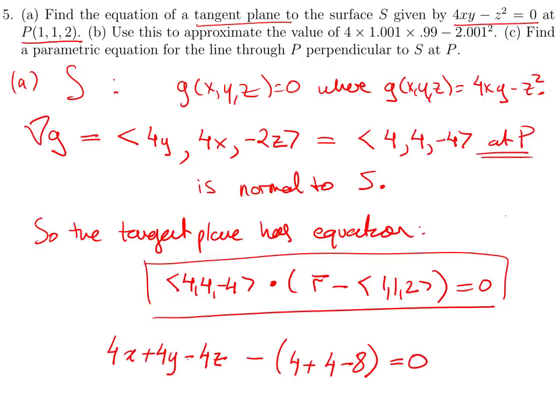If you simplify it, you will get something of the form ax plus by plus cz equals d. Actually, in this case, 4 plus 4 minus 8 is just 0. So the equation of the tangent plane is just 4x plus 4y minus 4z equals 0. Okay.